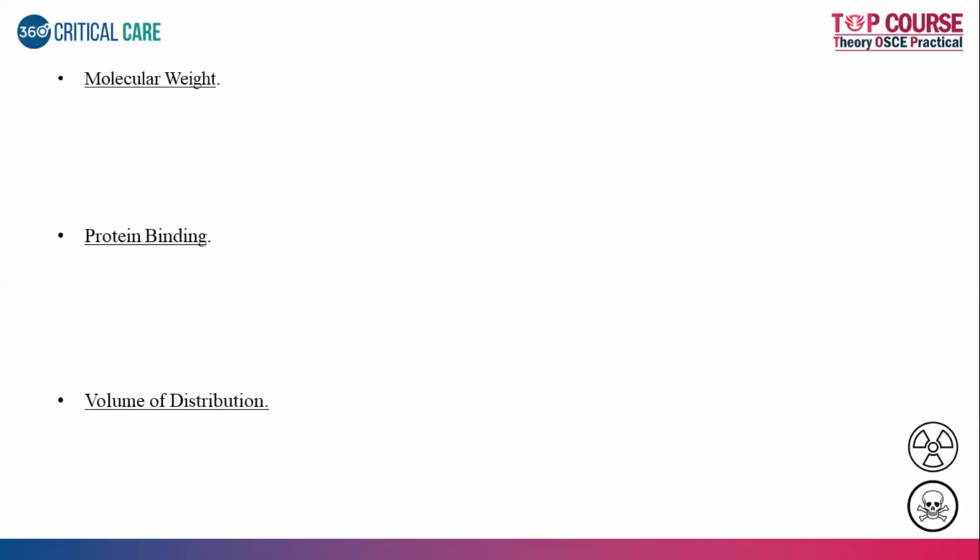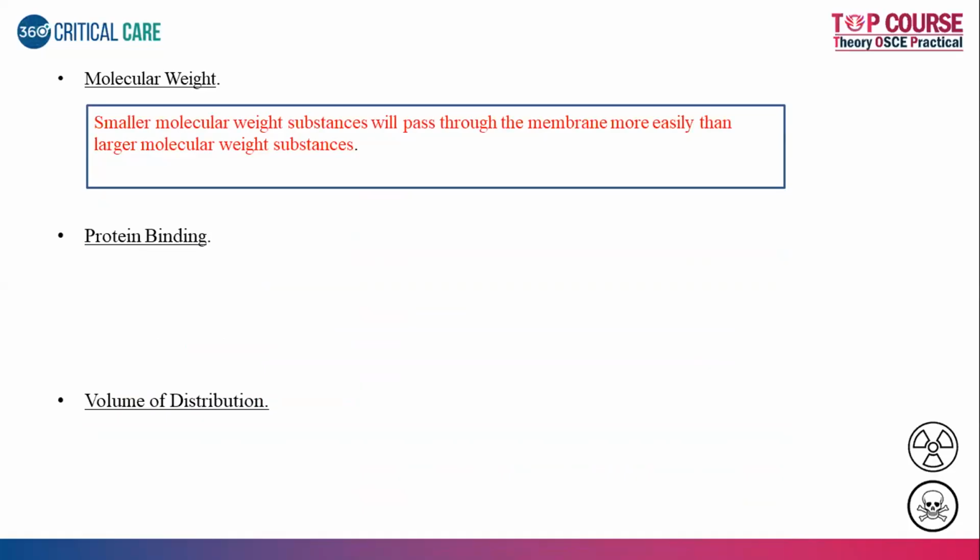First one is molecular weight. We all know that smaller molecular weight substances will be able to get cleared more easily through the dialysis membranes than larger molecular weight substances. So your toxin should have a smaller molecular weight to get removed by an extracorporeal treatment.